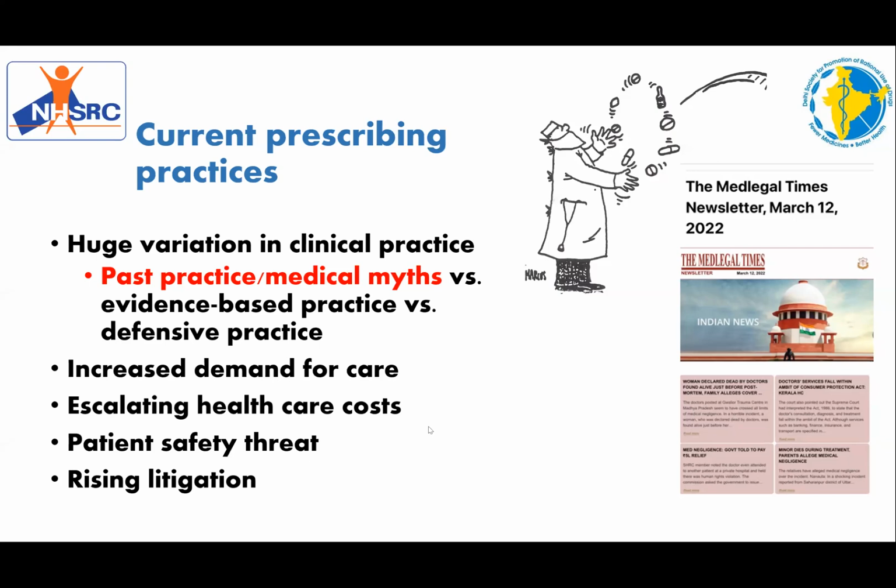This is a combination of amoxicillin and cloxacillin. If you look at the pharmacokinetics, amoxicillin is taken 3 times a day, and cloxacillin is administered 4 times a day, 6 hourly. But when you combine them, you can give it either 8 hourly or 6 hourly only.